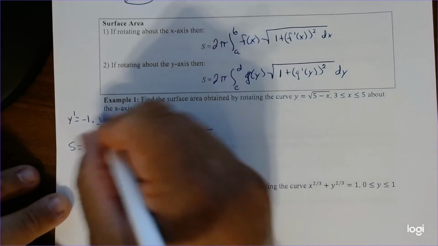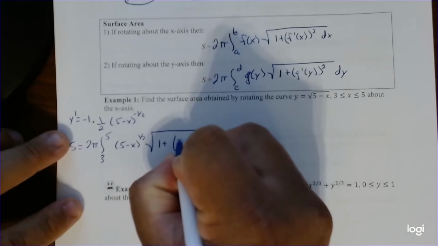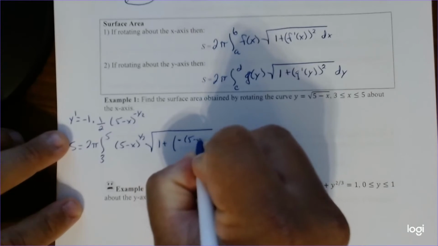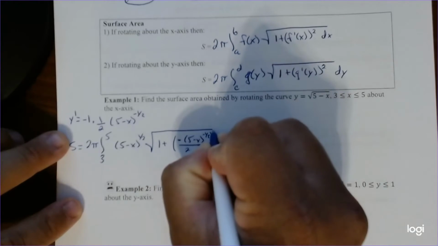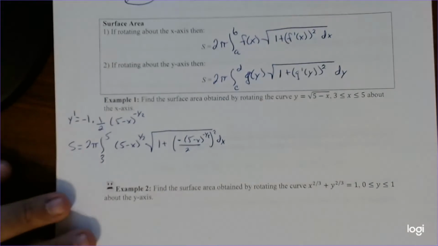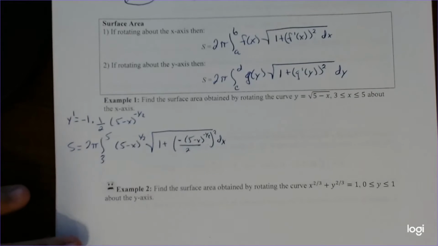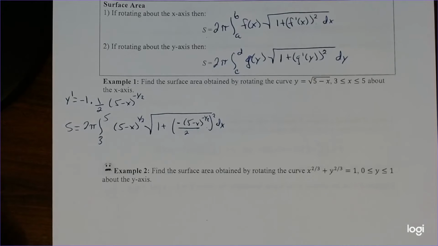So this squared is negative over 2 squared. Since it's arc length, some things do cancel, which is the best part.